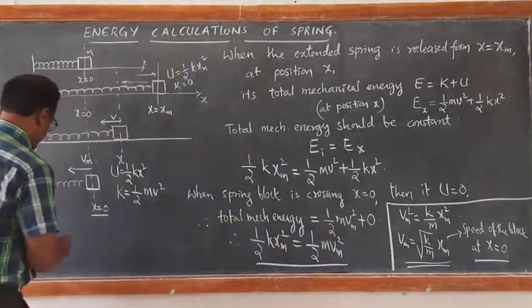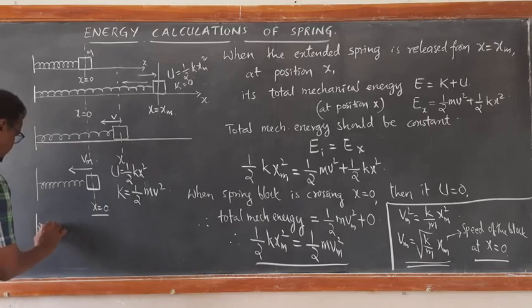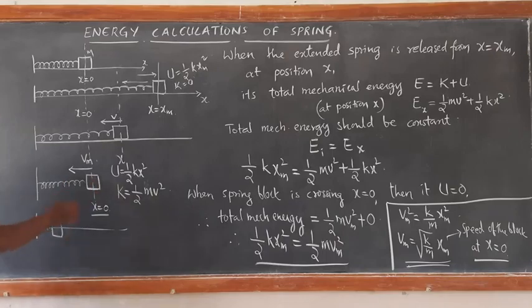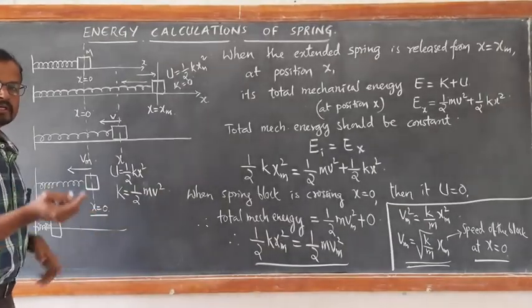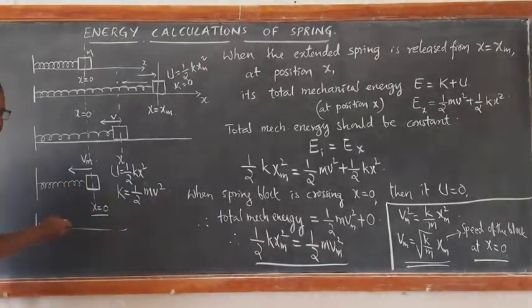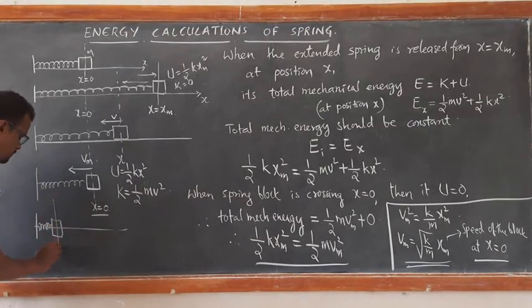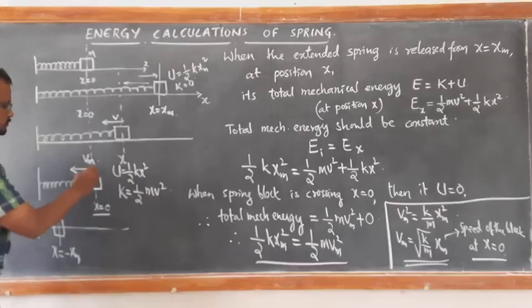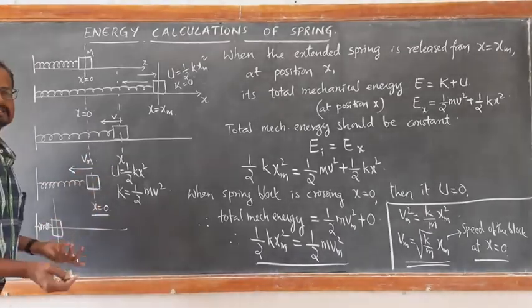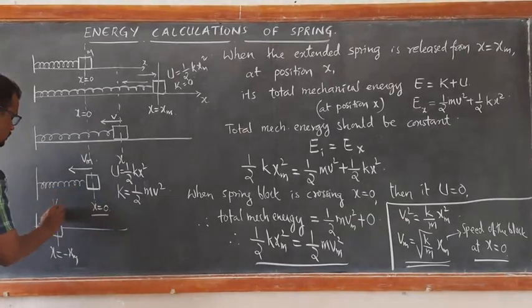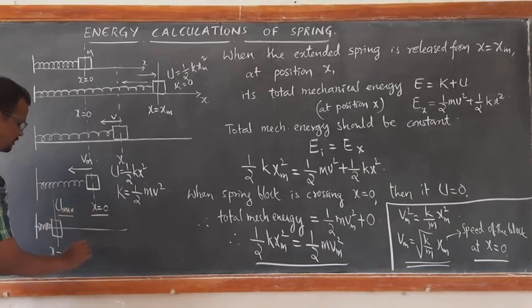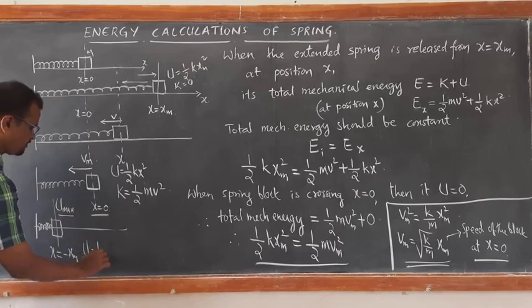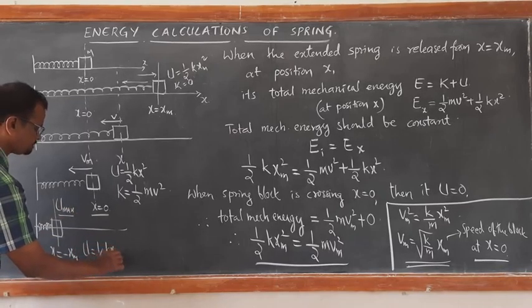As it goes on compressing, the kinetic energy which was maximum at equilibrium gets converted into potential energy, and at x equal to minus xm, the total kinetic energy it was possessing at equilibrium position is completely converted into potential energy, which becomes maximum. Again it will have U equal to half kxm square.